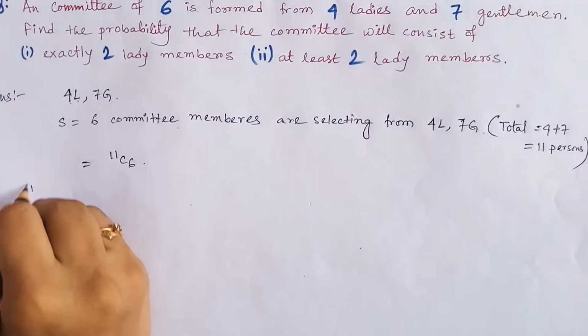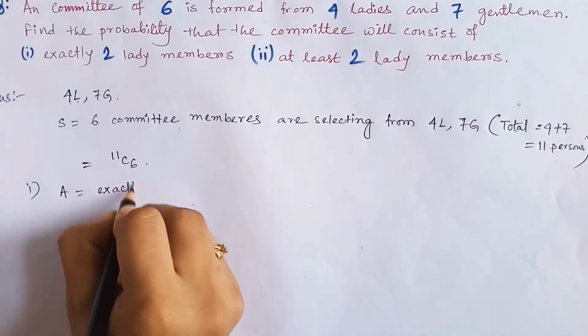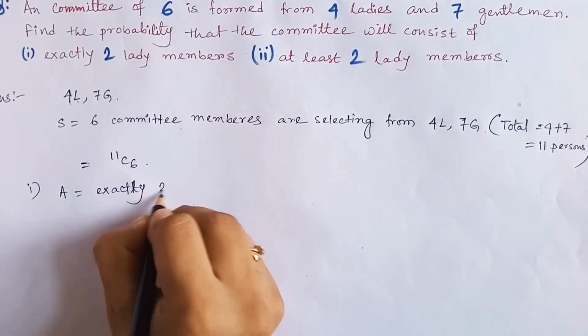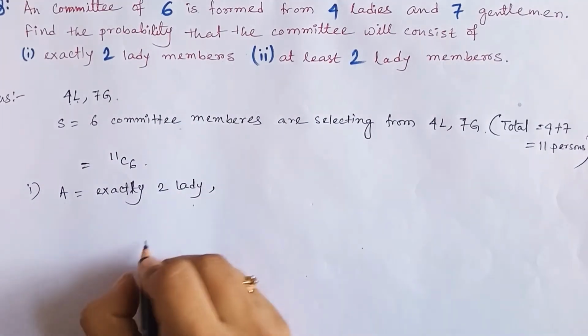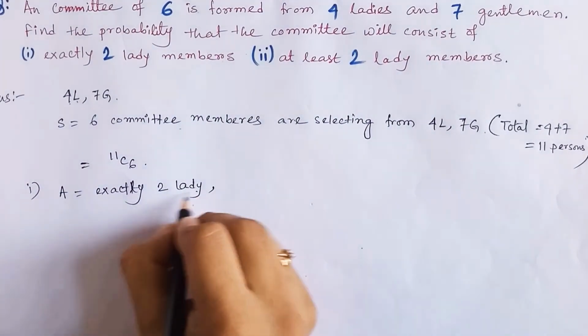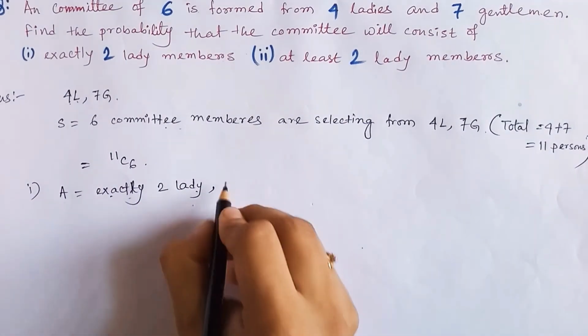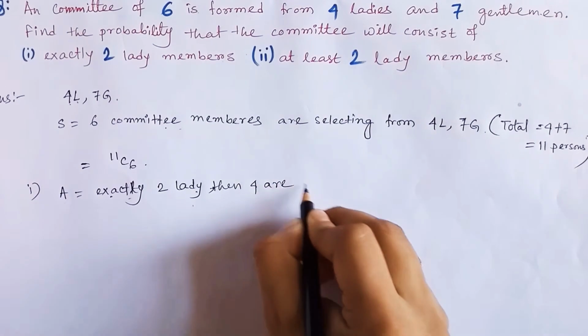Right? Now first part is A equals exactly 2 lady. That means if exactly 2 lady, we are selecting 6 committee members. If exactly 2 lady, then 4 are gentlemen.